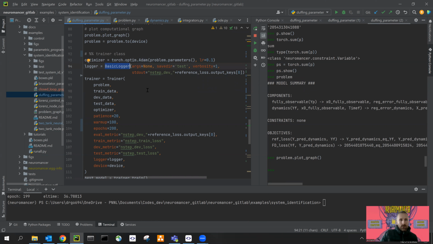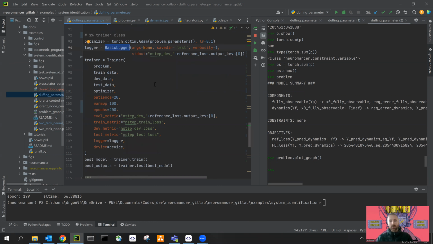Here, the basic logger in our case is a NeuroMANCER class that allows you to have control over the verbosity of your training or over the logging of the parameter values or the results or some artifacts like videos or plots. The trainer is, again, our custom class that takes in the problem class.